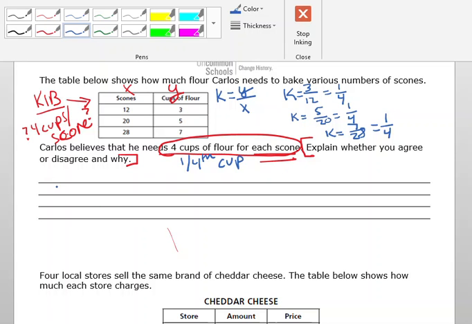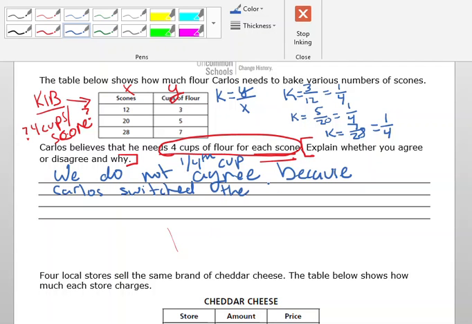Okay. So do I agree or do I disagree? Okay. So Carlos is wrong. I'm going to say we do not agree because it looks like Carlos switched the X and Y when doing his calculations.